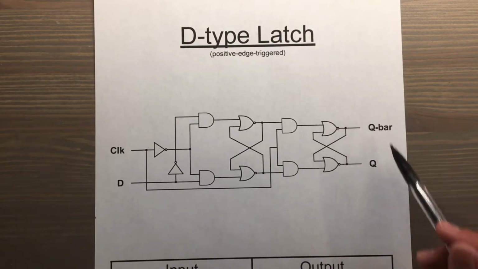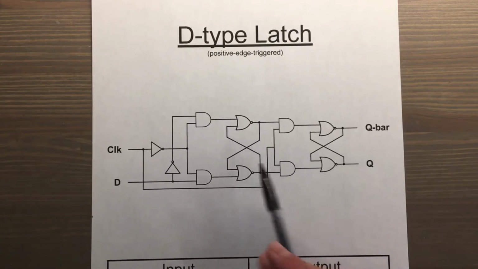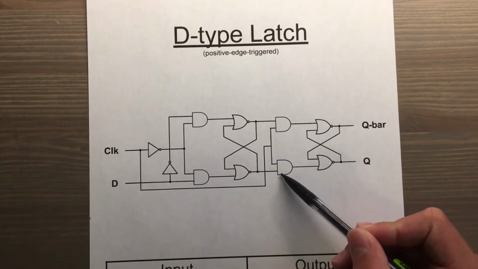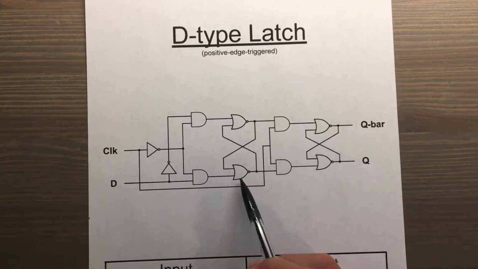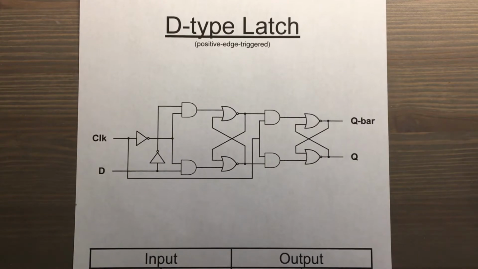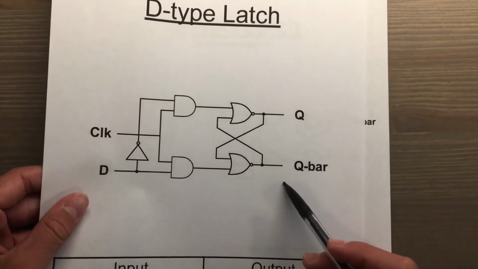And the reason these outputs are flipped is because our set input is down here, which connects up to the Q bar output of our D-type latch.